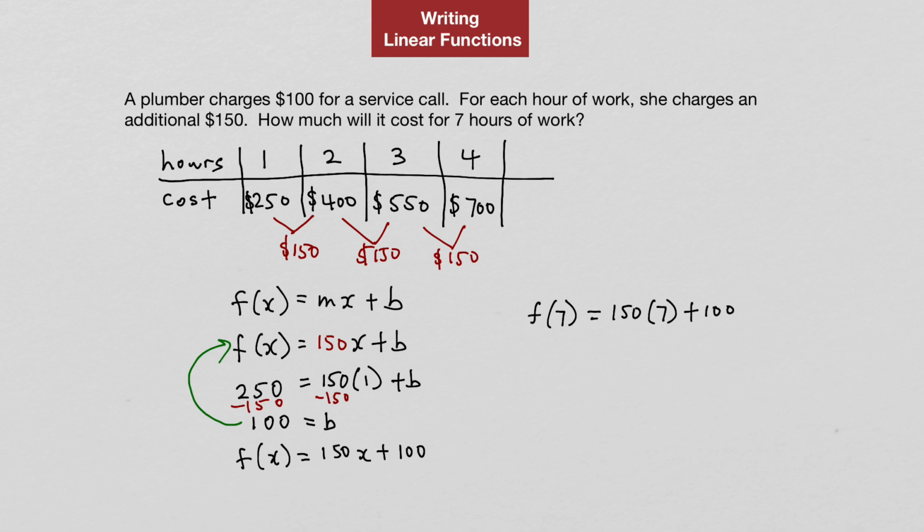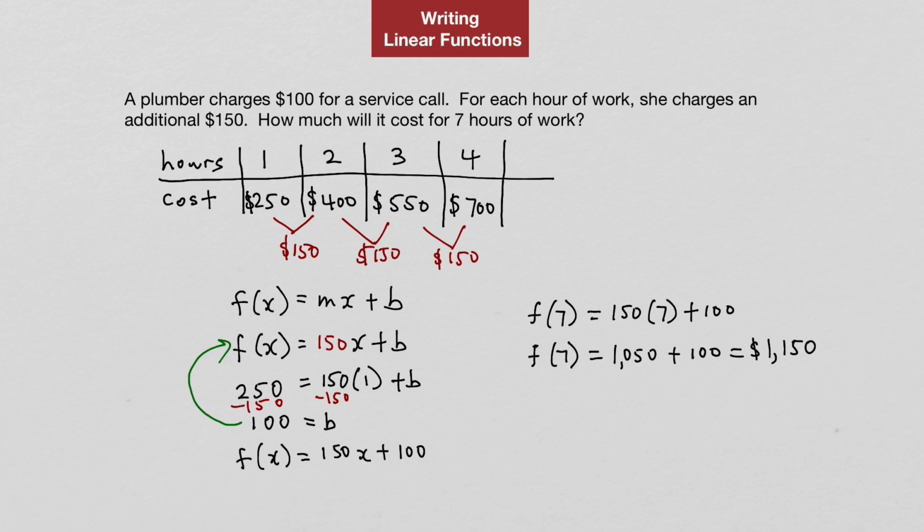Okay, so then f of 7 is equal to 150 times 7, which is 1050 plus 100. And adding 1050 to 100, we find that the total cost will be $1,150 for the entire job.